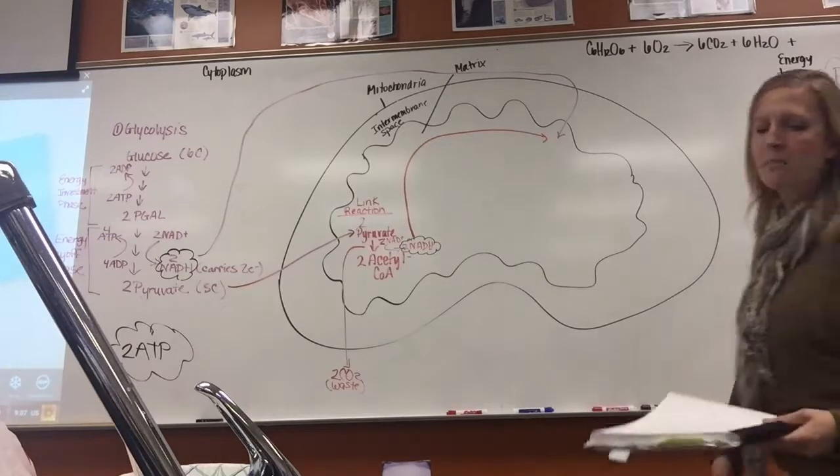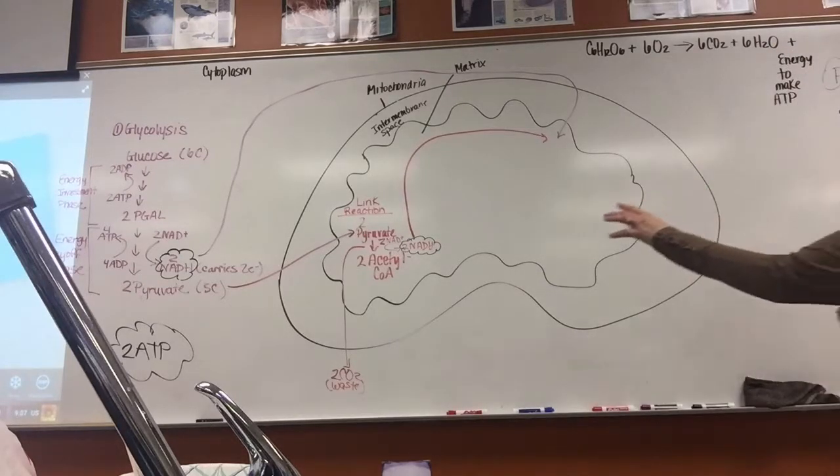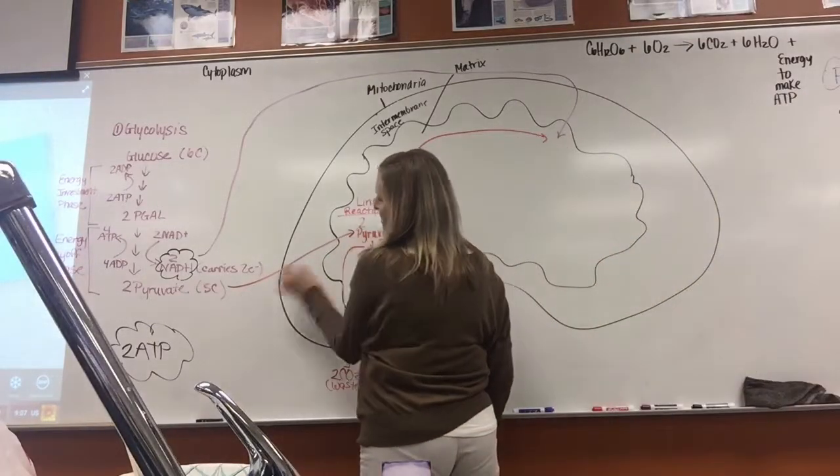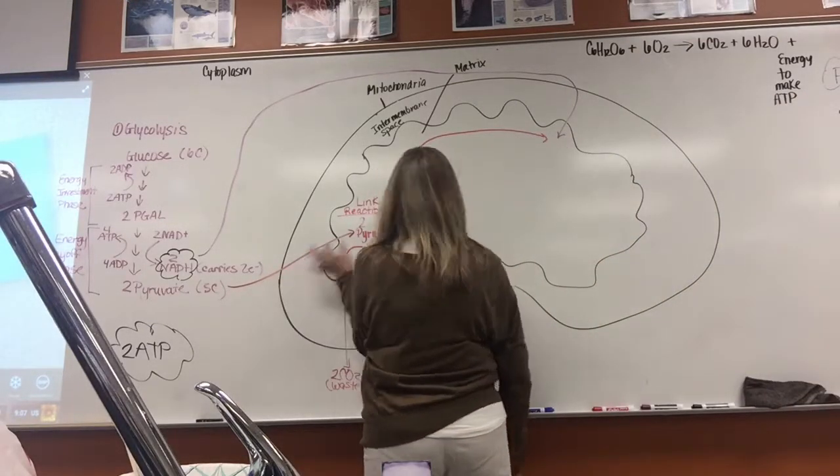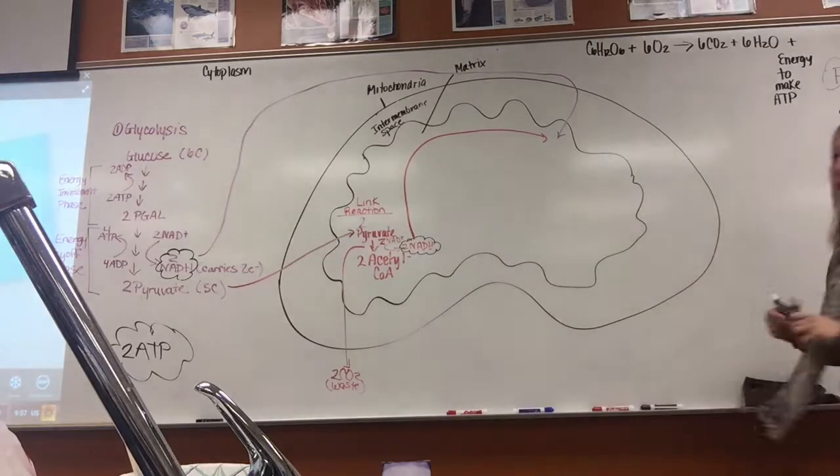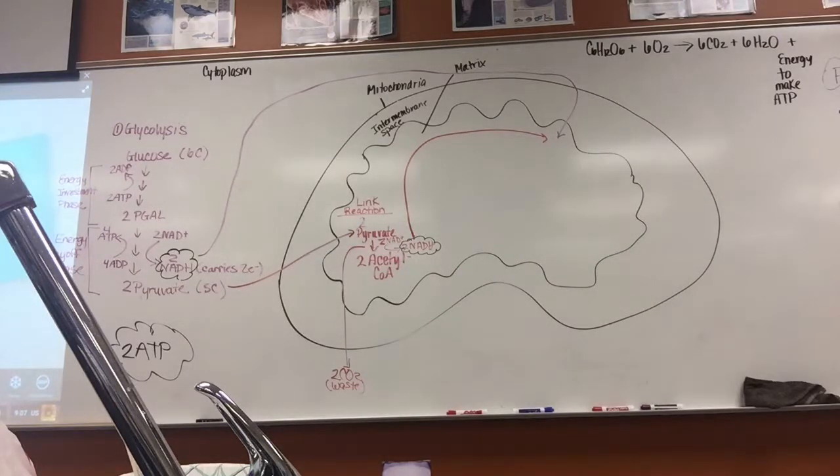And if you recall membranes, when pyruvate enters here, it has to get across the outer membrane and the inner membrane. The outer and inner membrane have a construction very similar to the cell membrane, meaning that they are a lipid bilayer with proteins embedded. So simple diffusion is through the lipid bilayer.